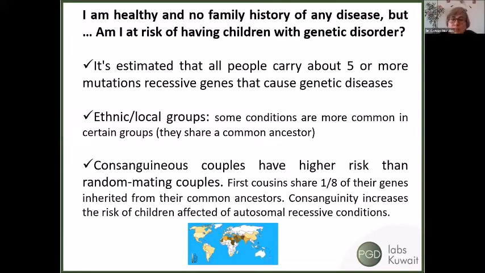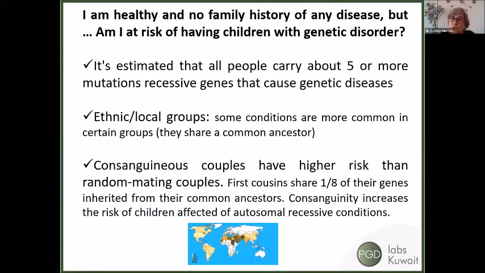It has been estimated that any one of us can carry about 5 or more mutations in recessive genes that can cause a genetic disease. So if by chance we marry someone who is also carrying a mutation in the same gene that we have, we are at risk of having affected children.